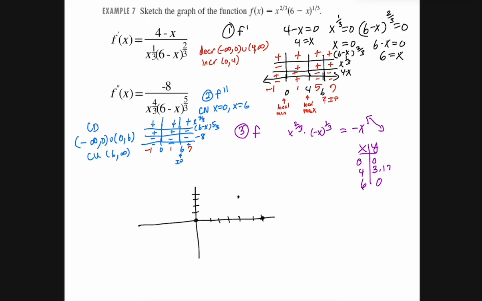Now remember, we found a local max. So let's put a max next to that little word right there. And this is an inflection point. 6 was an inflection point. Okay, so it's concave down.